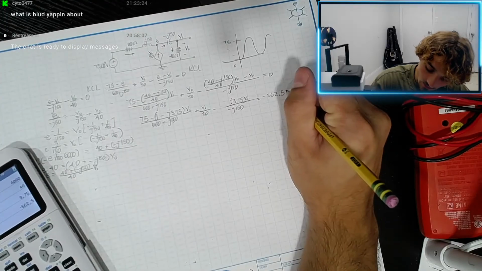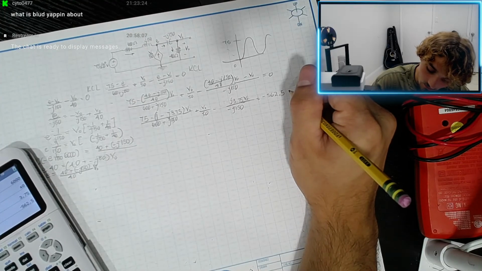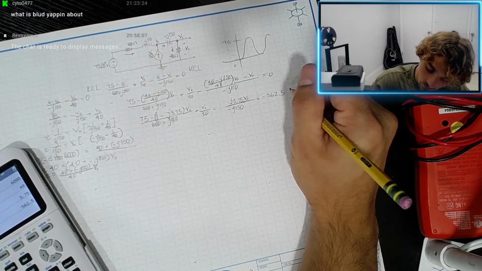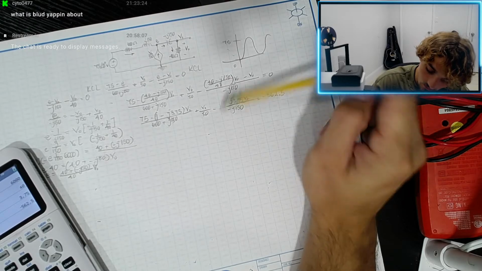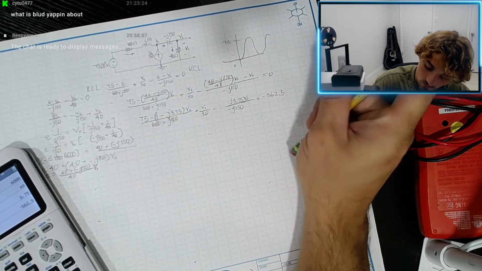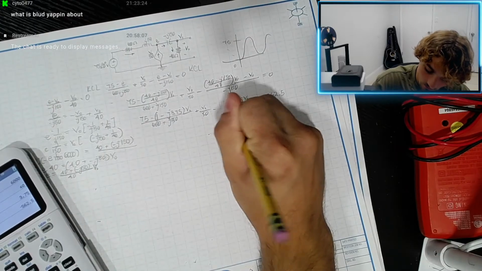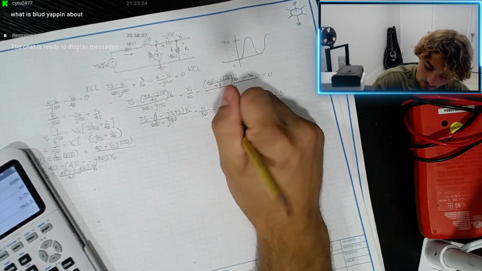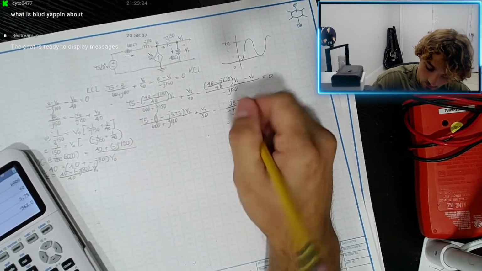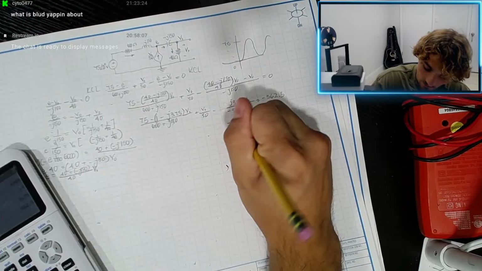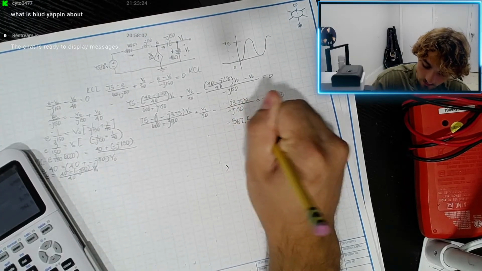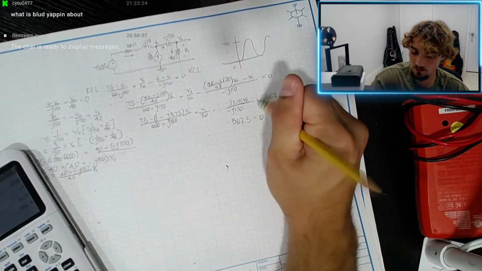V out. Wait. Oh, it's not even. 562.5 equals 0. I had to write it down so I didn't forget.